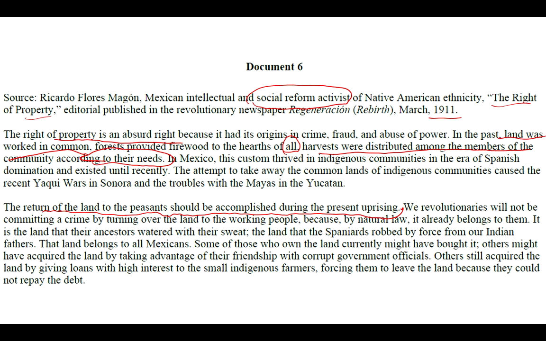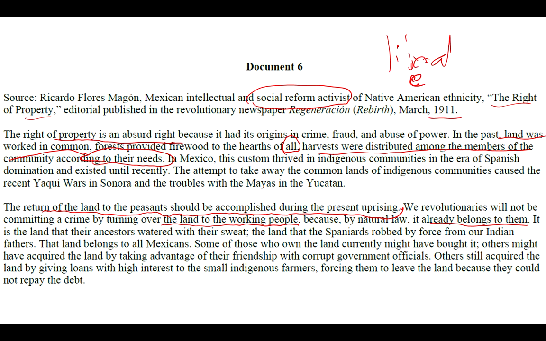We revolutionaries will not be committing a crime by turning over the land to the working people, because by natural law, it already belongs to them. So this idea of taking land and giving it back to the poor, that is straight from Karl Marx's Communist Manifesto.